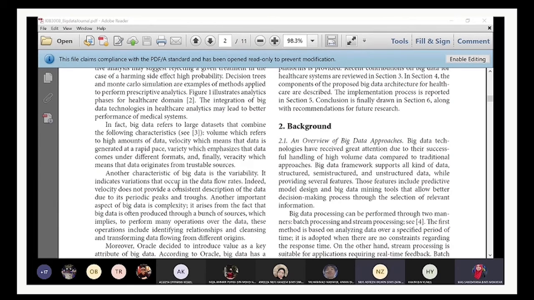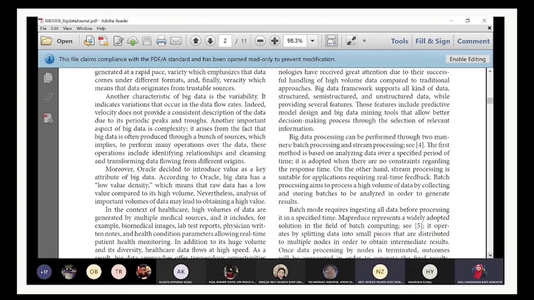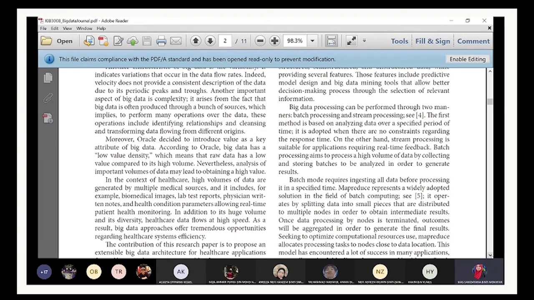Not all data from social media can be trusted, so maybe you have to have a filter later. Of course, the characteristic of big data is that it is variable. The variation is big, so you may need some prior analysis, like cleaning or filtering the data, before you can use all of it, because it is a big volume, right?